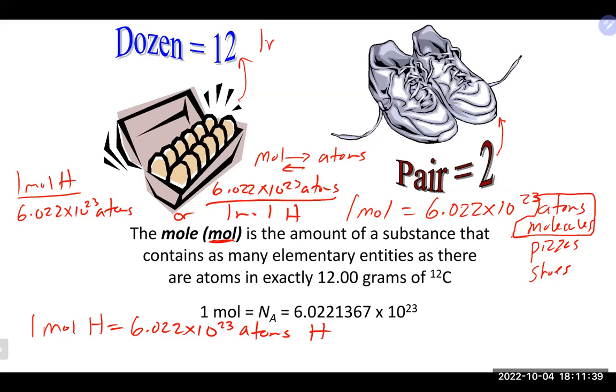Like if you had 1 mole of water, you would have 6.022 times 10 to the 23 molecules. Here we would use molecules for the unit, as water is a molecule rather than just an atom by itself. So again, works the same way. You can write 2 conversion factors for those as well.